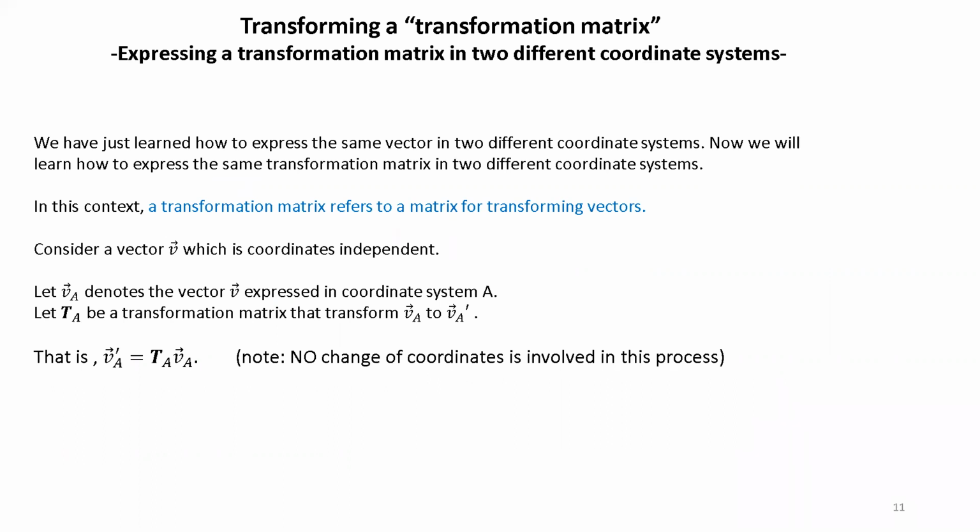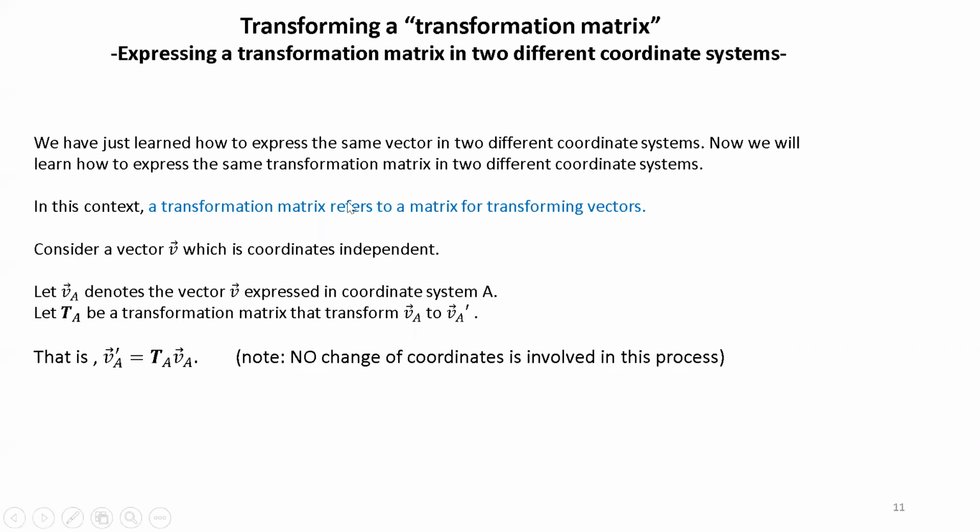And next, what we want to learn is how to express a transformation matrix in two different coordinate systems. Just now we learned how to express the same vector in two different coordinate systems. Here I want to express the same transformation matrix in two different coordinate systems. But what does that mean?